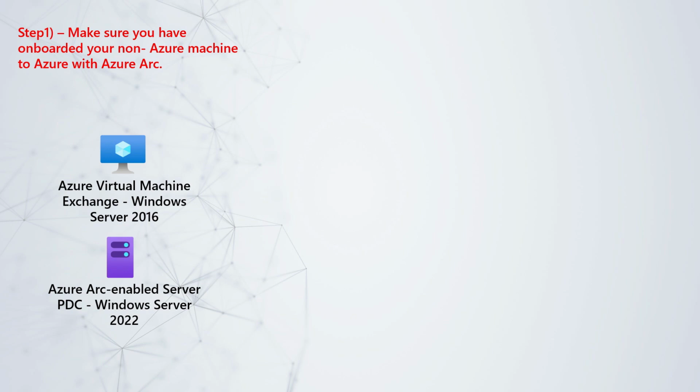Now, assume a scenario where you have a VM that is there in your on-prem environment, or let's say that is in your AWS or some other cloud, and you want to capture security event from that particular VM. In that case, step number one will be to go ahead and onboard that machine to Azure as an Azure Arc resource.